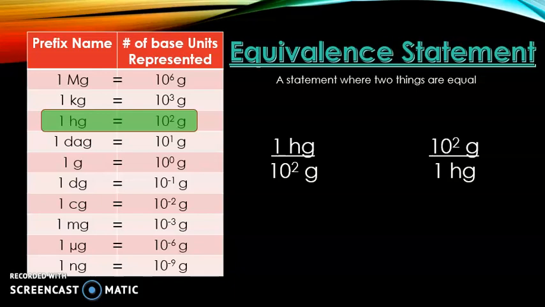But what's really interesting about the value of these fractions is that since they were made with an equivalent statement, both the top and the bottom, although they don't look mathematically the same, have the same value. So both of these fractions have an overall value of 1. So when we use these fractions and multiply them into a new number, it doesn't really, in essence, change what the number is measuring.